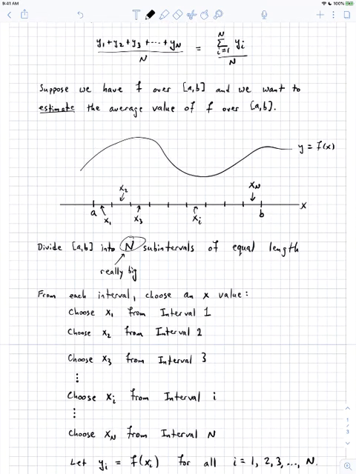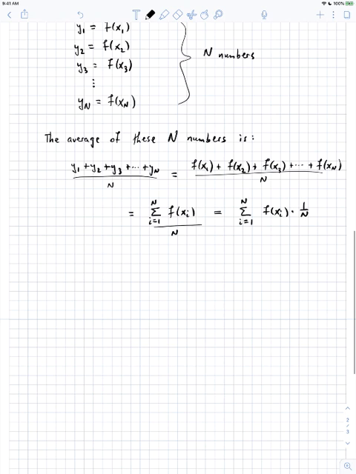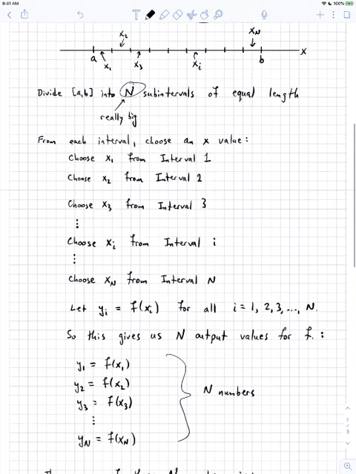Notice that we've divided our interval into n subintervals of equal length. They're of equal length. That means we can compute the length. So remark, our n subintervals have equal length, and we can compute it. Let's call it delta x, like we usually do.